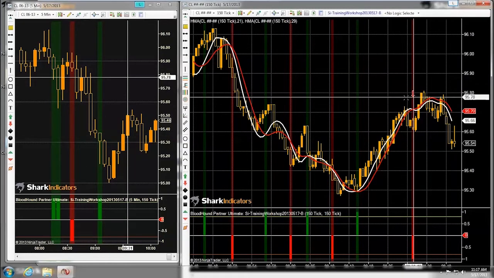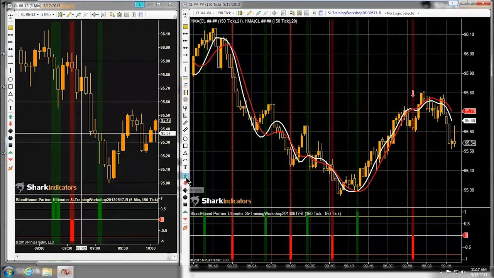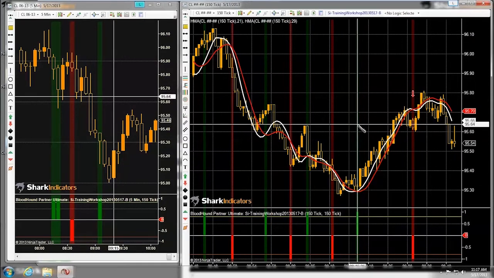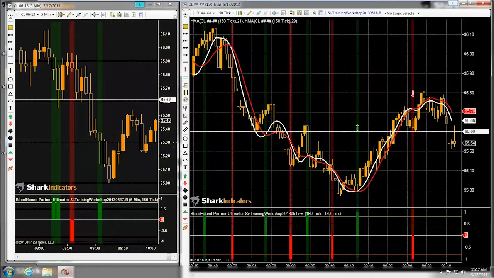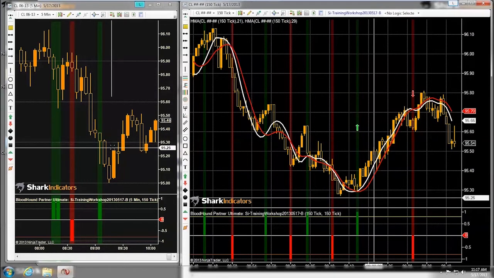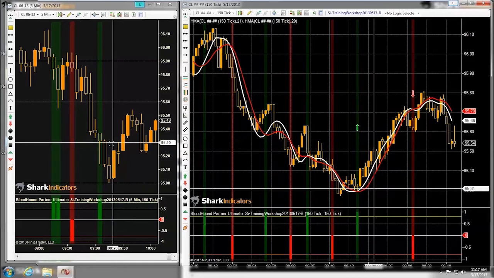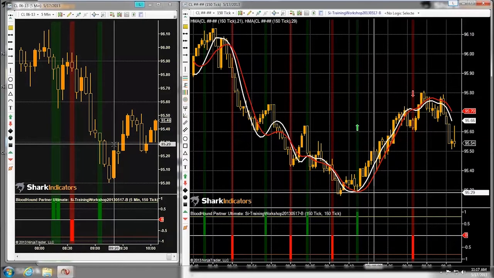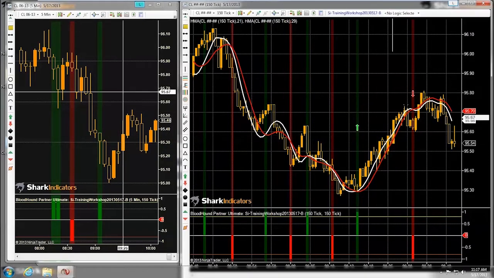We have this cross down, and we have this cross up. If you look at the crosshairs over here on my 5-minute chart, you can see there's nothing being marked on the 5-minute chart.